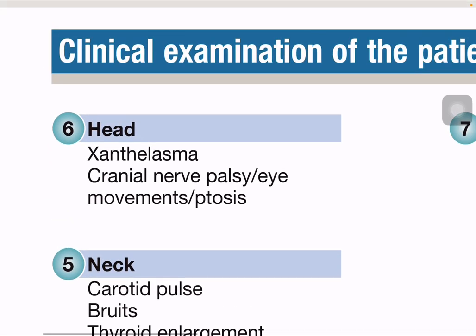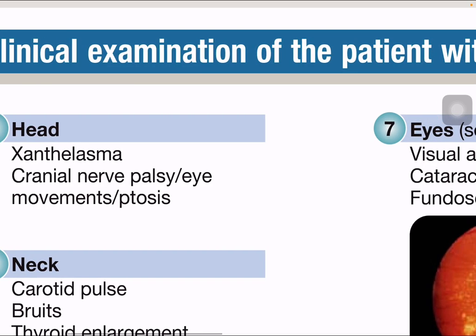We must look at the face for the presence of fat in the inner eyelid, that is xanthelasma, any cranial nerve palsy or ptosis or movement disorder of the eye, which is an indicator of cranial nerve palsy 3, 4, 6, which occurs in various sorts of cerebrovascular accident, which may be a complication of diabetes mellitus.